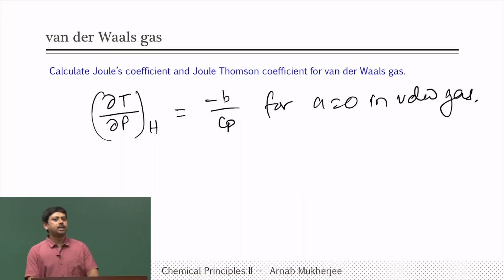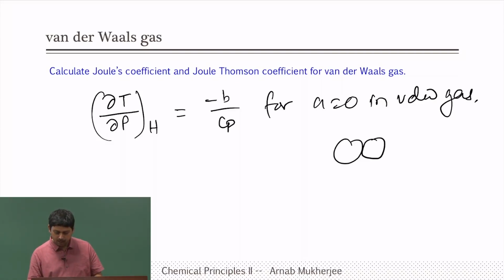Now why is that the case? Because here the B parameter prevents the particles from going into each other. It is a repulsive type of interaction. So it turns out that wherever there is a repulsive type of interaction, you are going to get a negative Joule-Thomson value, such that the gas will get heated up rather than getting cooled down.